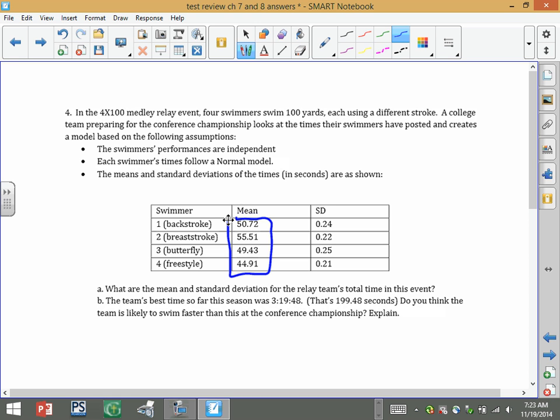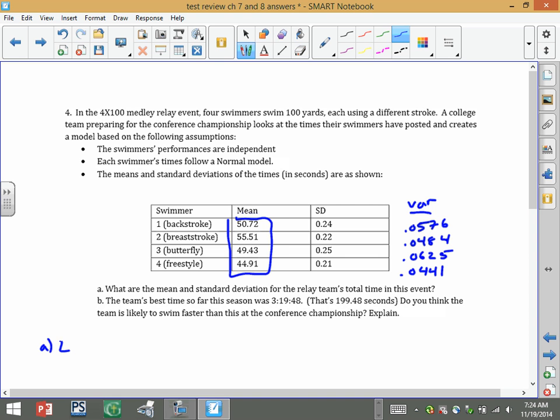And then to get standard deviation, remember, go ahead and move everything over to variance. So this is 0.0576, 0.22 squared, 0.0484, 0.25 squared, 0.0625, 0.21 squared, 0.0441.